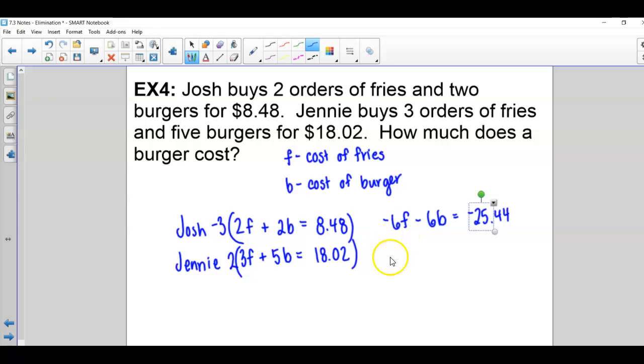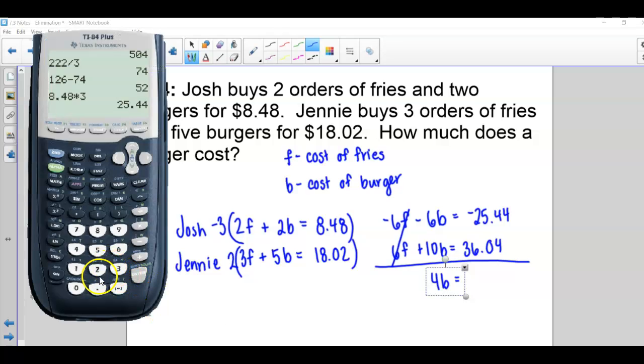On the bottom, we're going to have 6f plus 10b equals, let's see, 36.04. Very good. Okay, so now those f's will cancel. We'll get 4b equals, we got to do 36.04 minus 25.44.